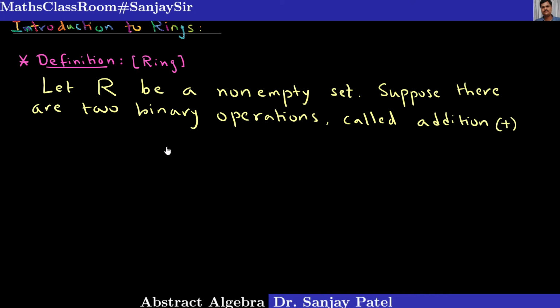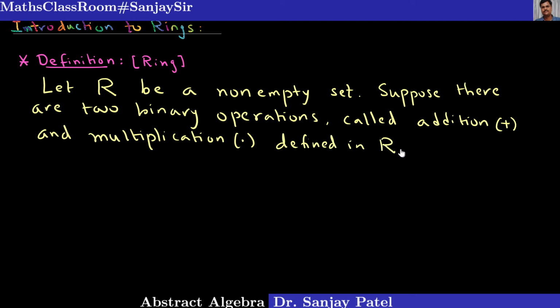Remember, this plus need not always be the usual or ordinary addition. It's called addition and multiplication. Suppose there are two binary operations called addition and multiplication defined in R. We are going to use the symbol R for ring, so not for the set of real numbers.